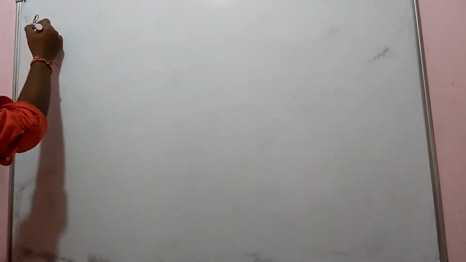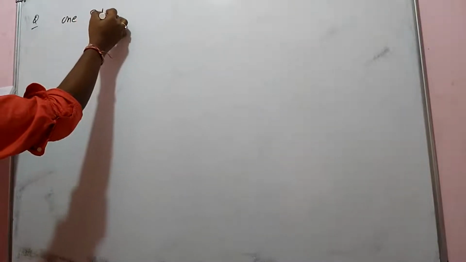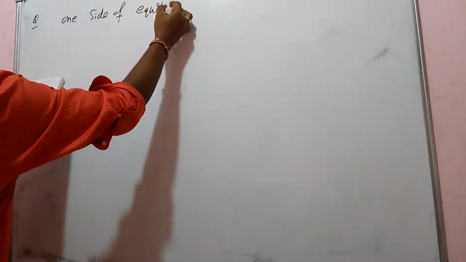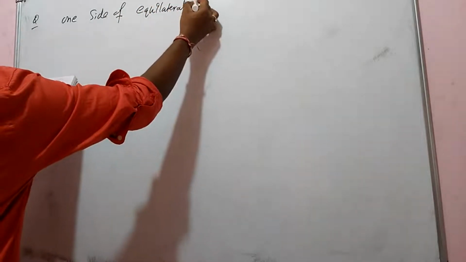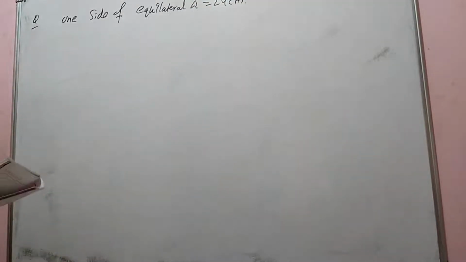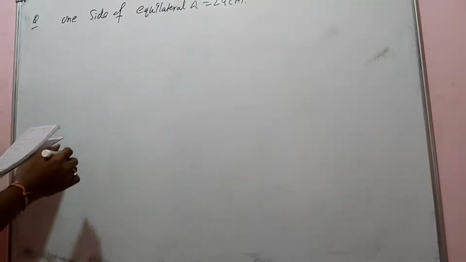The next question is, one side of an equilateral triangle is 24 centimeters.